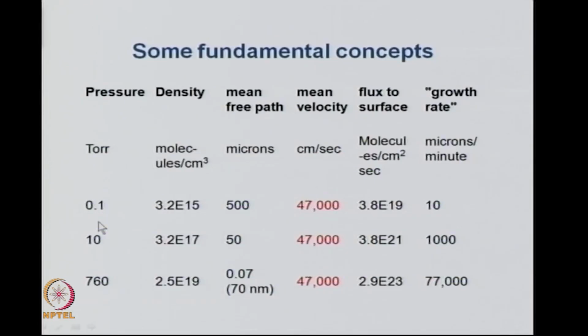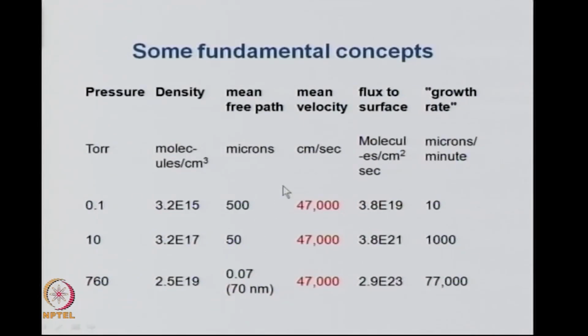If you assume these 3 pressures, we can calculate what will be the densities, and the mean free path at the lowest pressure is around 500 microns, whereas at a higher pressure of 760, which is normal atmospheric pressure, you will have a mean free path of around 0.07 microns, which is equal to 70 nanometers. So, as the pressure is increasing, the mean free path is decreasing.